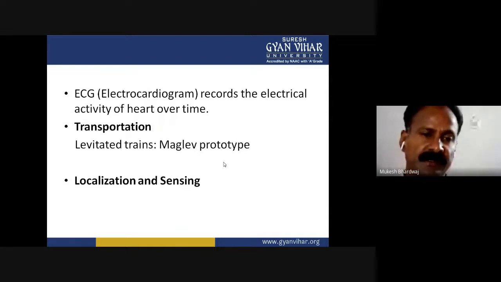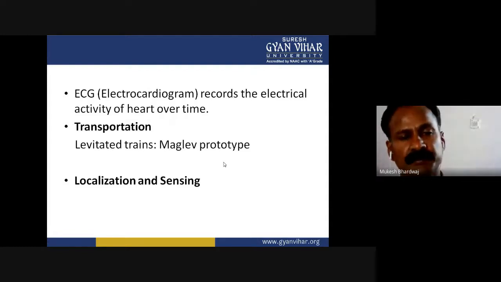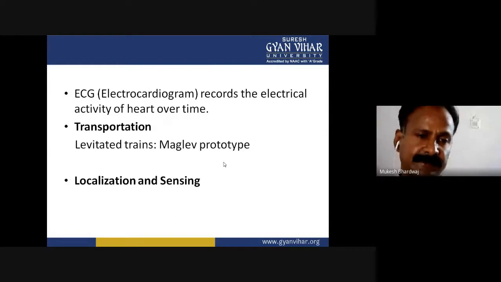So in electromagnetics, transportation is a very high level of advanced engineering where the application of electromagnetics takes place.